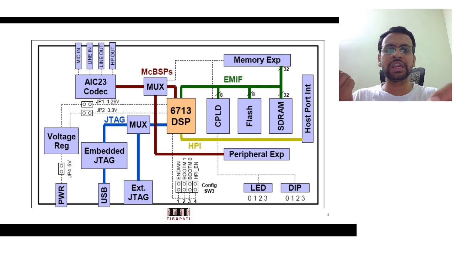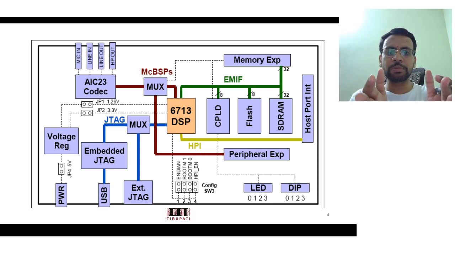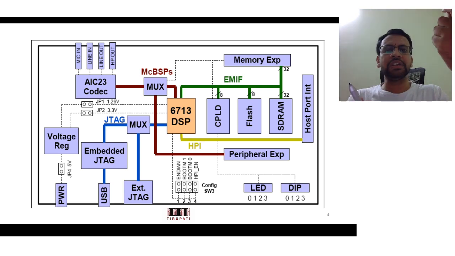This is not the block diagram of the kit that you have used, but more or less the bigger blocks would remain the same. You do a DSP processing, then again it goes back to the codec. When it reaches there, that's a discrete time signal, and then you finally convert it back into the continuous time domain.